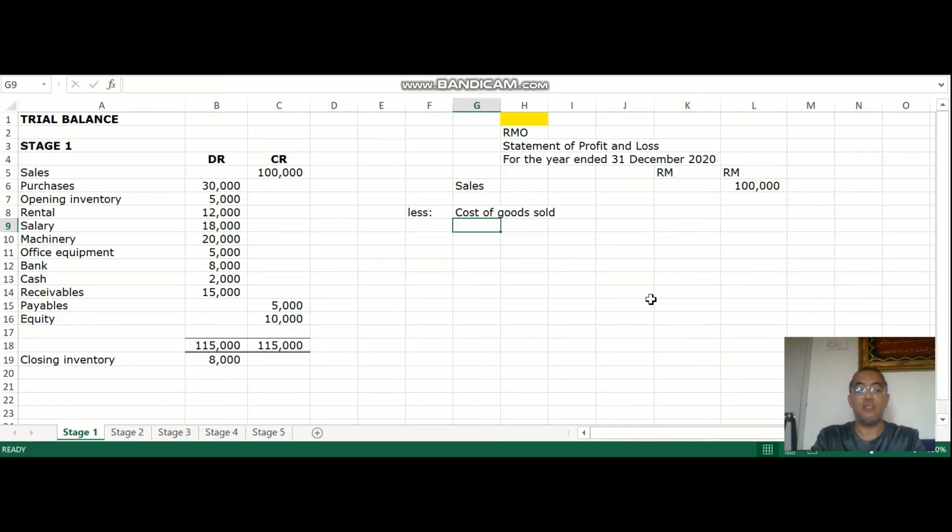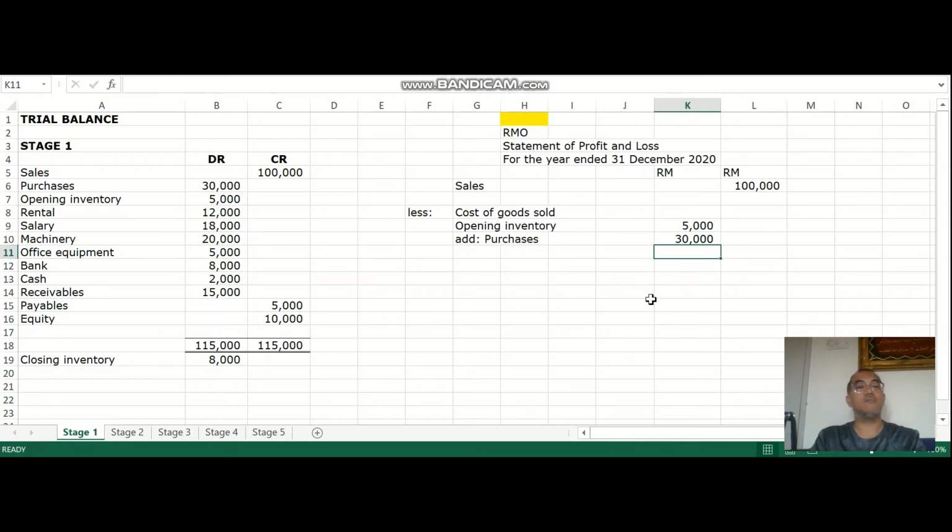So starting from, you have opening inventory. Your opening inventory is how much? 5,000. So 5,000, add your purchases. Purchases is 30,000.